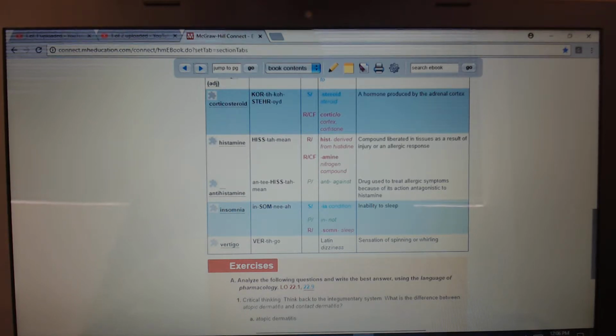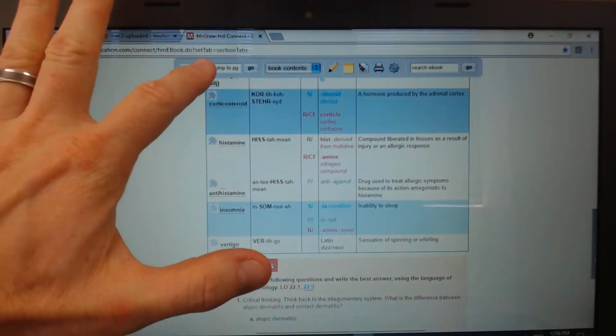We discussed this earlier, a compound liberated in tissues as a result of injury or allergic response. Antihistamine is a drug used to treat allergic symptoms because of its action antagonistic to histamine. Insomnia, somno means sleep, so insomnia is an inability to sleep. Vertigo comes from the Latin term for dizziness, a sensation of spinning or whirling.